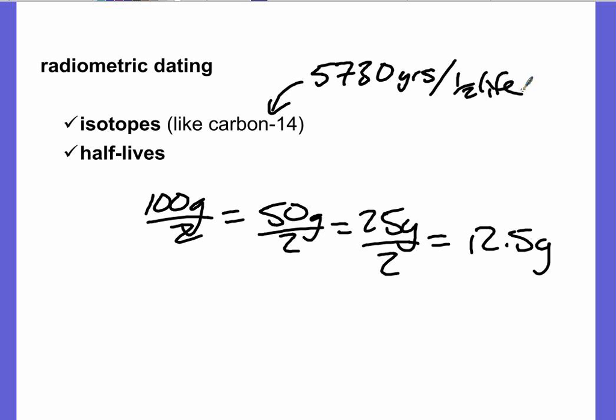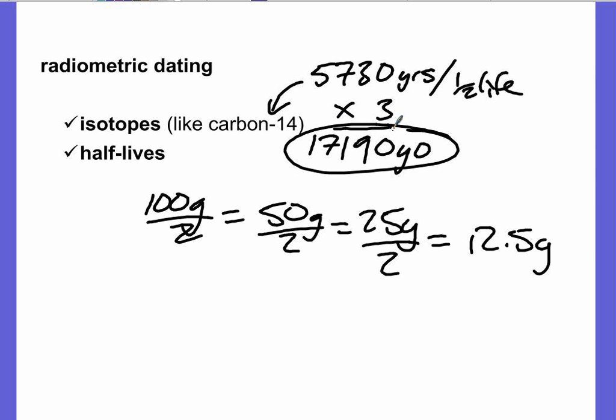I divide it by 2 3 times, and then I just take my half-life up above here times 3, and it'll give me an answer as far as how old is that thing. And according to my math here, that living thing died 17,190 years ago. So it's a relatively accurate way to tell how old something is.